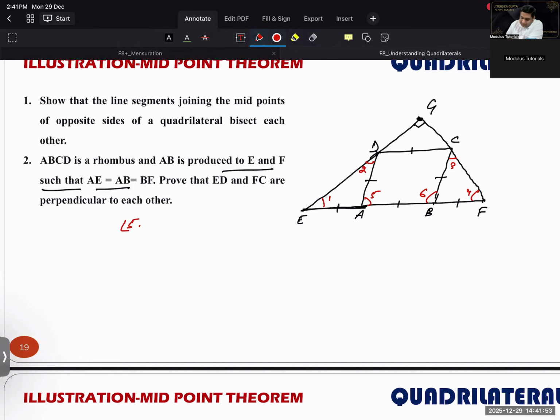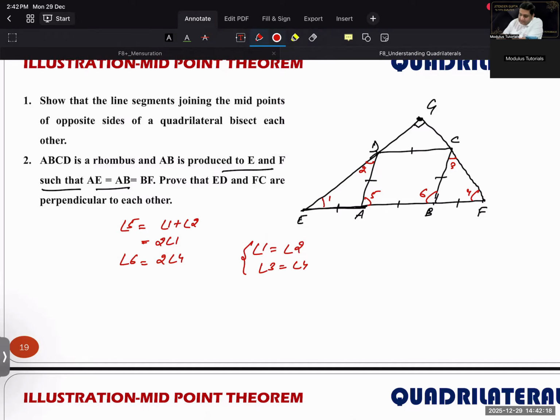So angle 5 is angle 1 plus 2, right? And 1 and 2 are equal. Why? Because they are equal angles opposite to equal sides. So this is double of angle 1. Similarly, angle 6 will be double of angle 4, because angle 1 equals angle 2 and angle 3 equals angle 4.